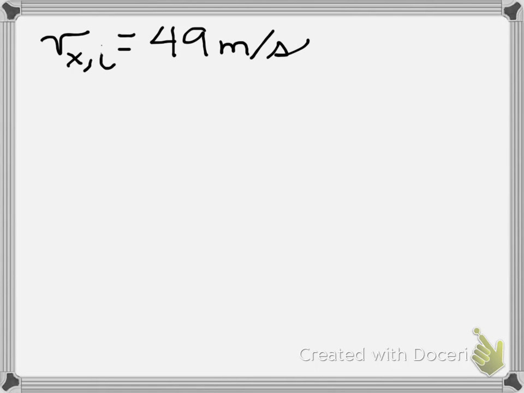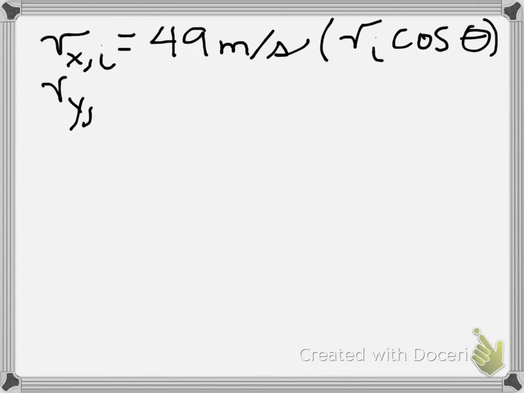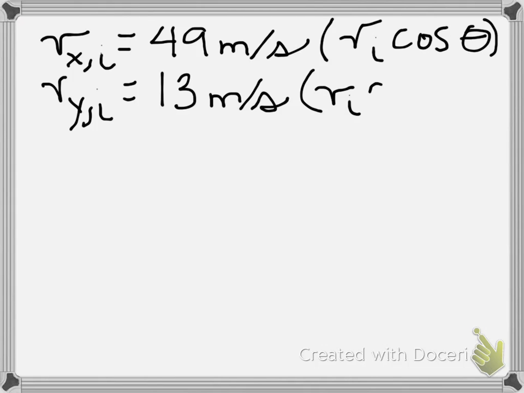That was where we used the Vi cosine of the angle to get that. And we still have our initial velocity in the y direction as 13 meters per second, which again came from the Vi sine of theta.